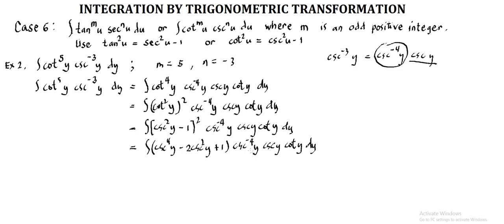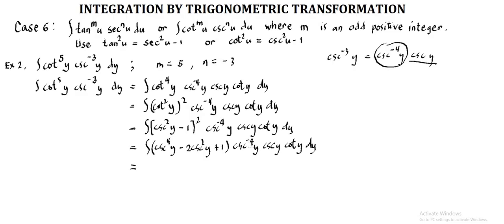Tapos na itong cosecant to the negative 4 of y, cosecant of y, cotangent of y dy, multiply natin dito sa cosecant to the fourth of y minus 2 cosecant squared of y plus 1. At pag-ihiwa-hiwalay natin yung integration ng bawat term.